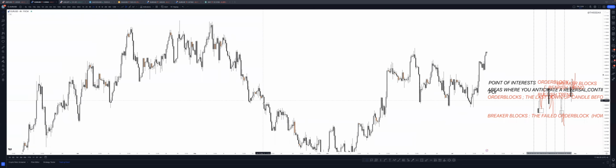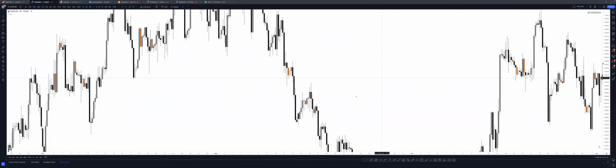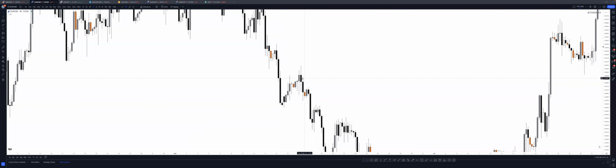You can see price sold off, right? So now where is the last up candle here? This is a bullish candle. Let's start with this one, the obvious bullish candle. The last one is obviously this guy here. This is the last bullish candle.